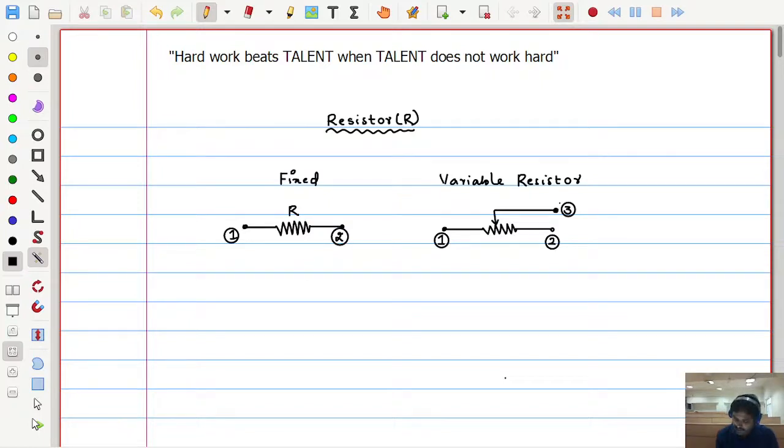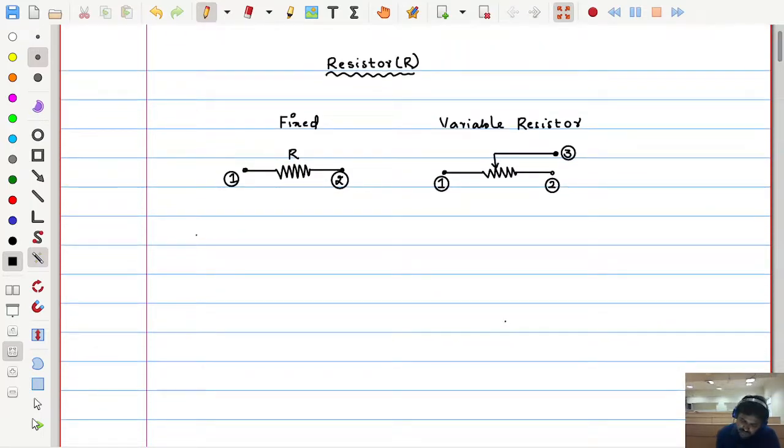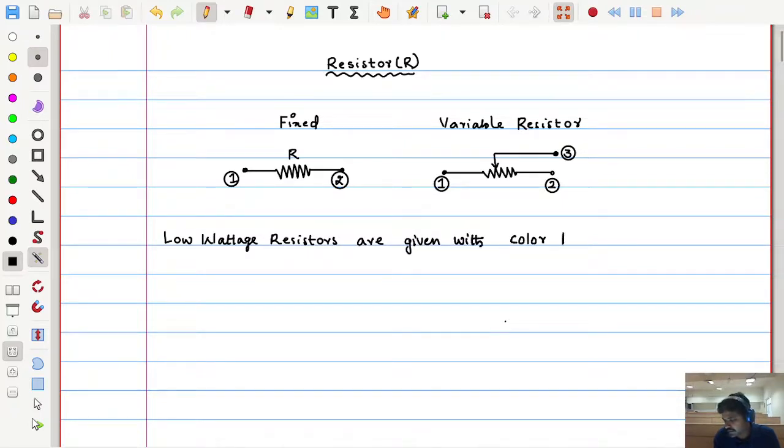Apart from this, we had seen some more things, that is the color coding. Usually low wattage resistors are given with color bands. Based on this color coding, we need to determine the resistance value.